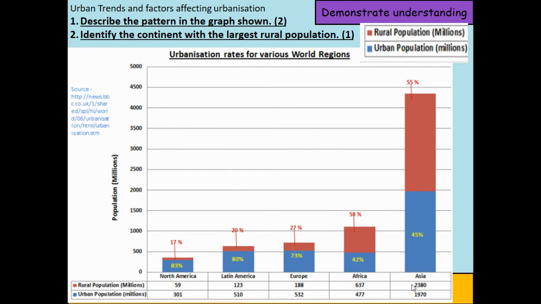In Latin America, so that's Central and South America, you have got most people, 80%, living in the towns. In Europe, you've got 73% of people living in towns and cities. Africa, more people live in a rural population. And in Asia, more people live in a rural population.